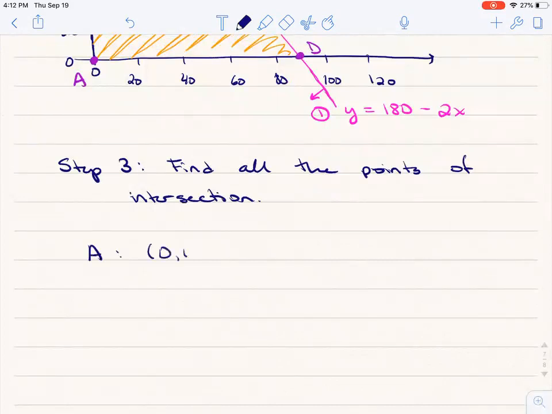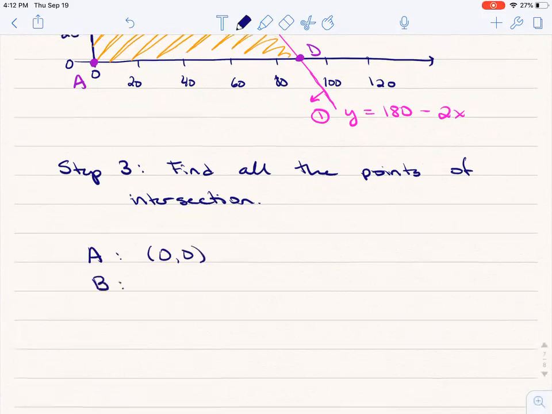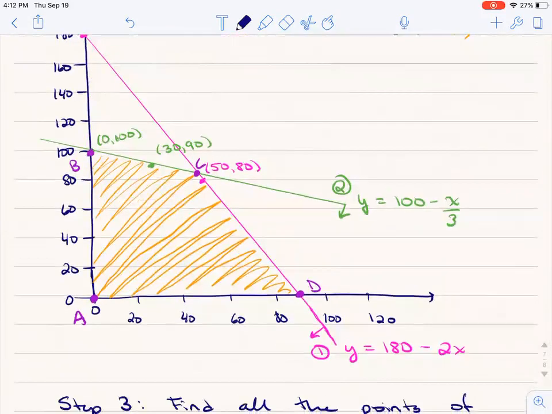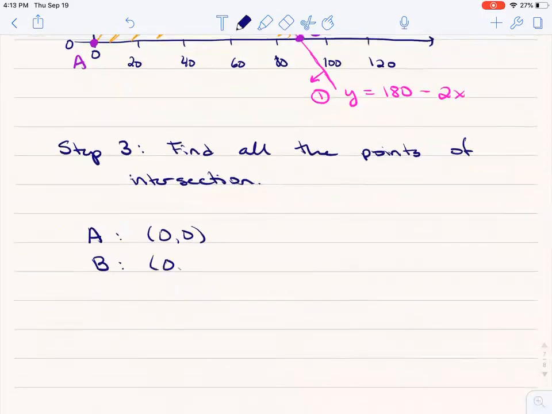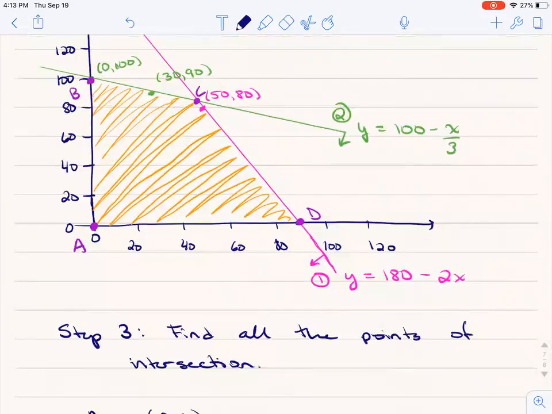A, I know is (0, 0). B, I also know it's (0, 100). C is the intersection of line 1 and line 2. So I'm going to leave it at that for now and go on and say what D is.